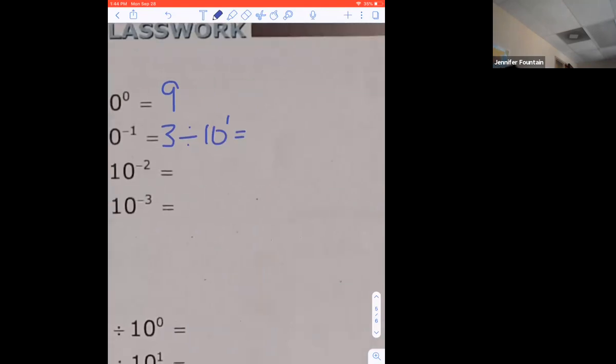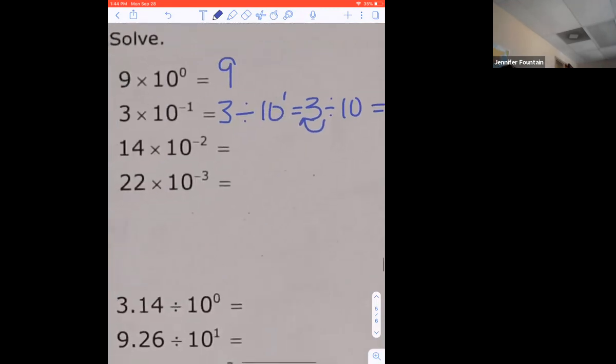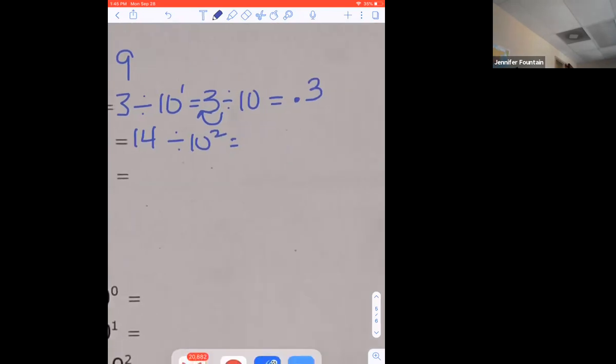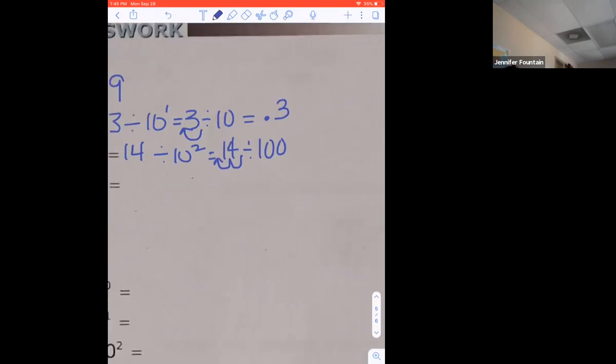So that's going to be 3 divided by 10, which means I would move my decimal one place to the left, so it's going to be decimal 3. 14 times 10 to the negative second power will be the same as 14 divided by 10 to the second power, which is the same as 14 divided by 100. That would imply that I would move my decimal 2 places to the left. So I would have decimal 14.